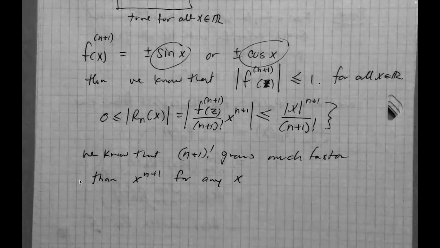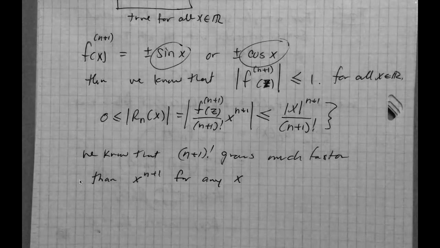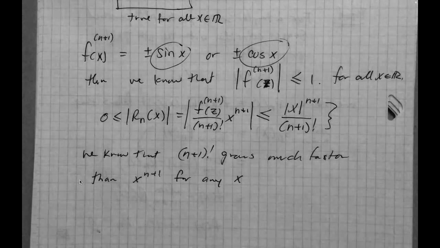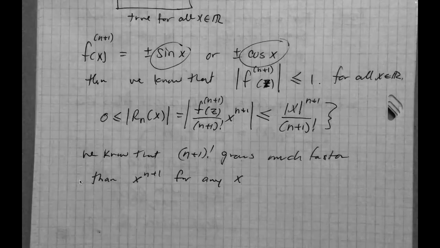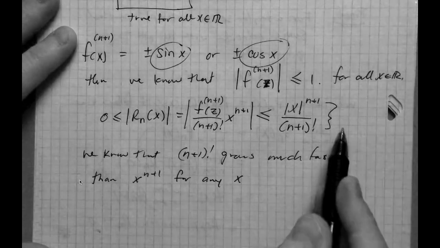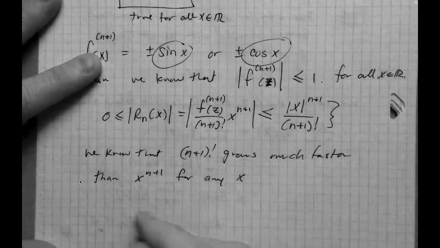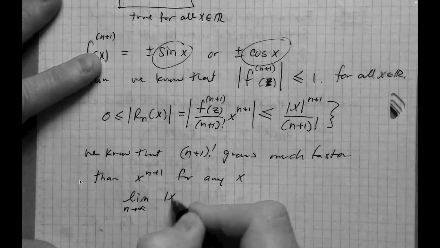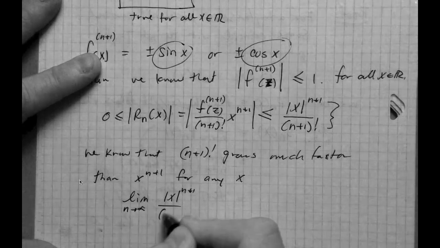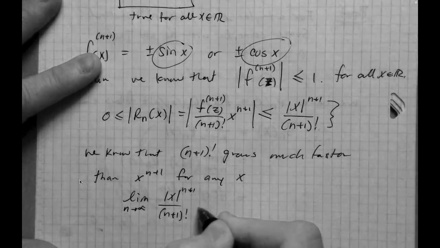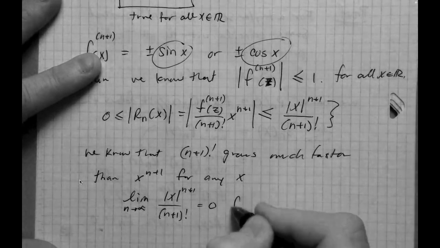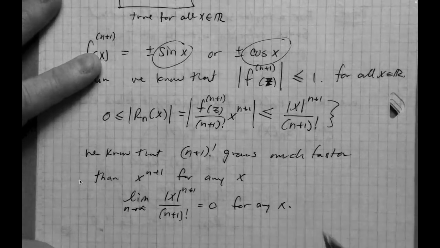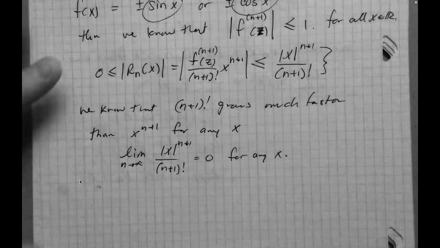It doesn't matter what x is, very rapidly, n plus 1 factorial is going to overtake it. So, that being the case, we know therefore that the limit as n goes to infinity of x to the n plus 1 over n plus 1 factorial is equal to 0 for any x. Okay, so that limit is 0.